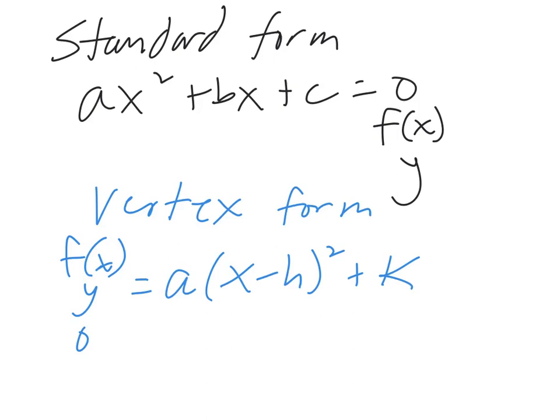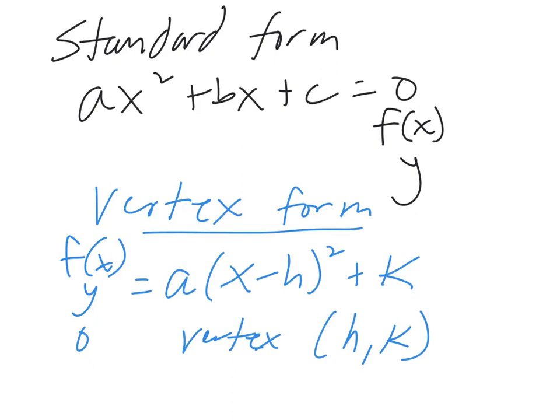And here are the things that you need to know. The vertex, and we use the vertex in standard form, we're able to come up with it, but the vertex for vertex form is just simply hk. So vertex form, and that's why it's called vertex form, allows us to pull the vertex off really easily.